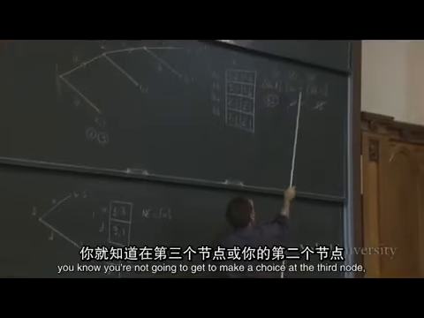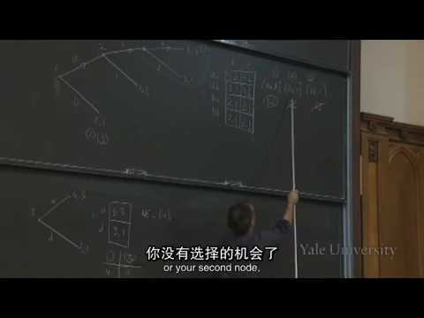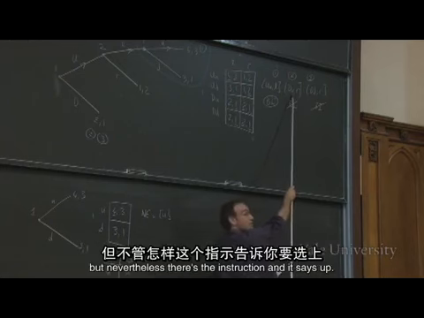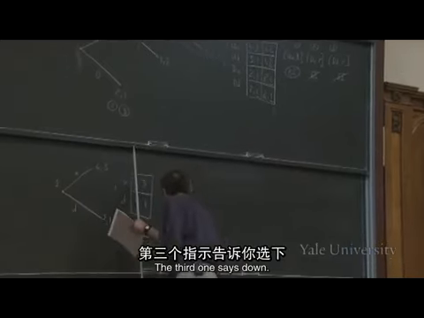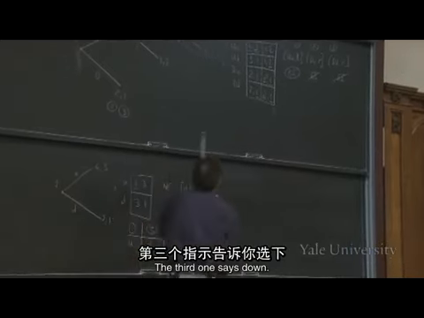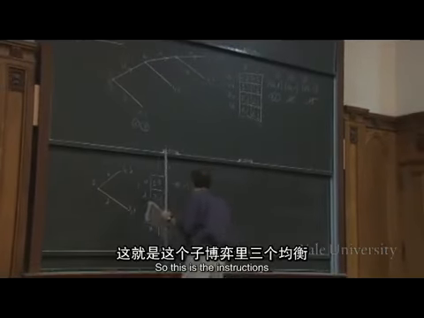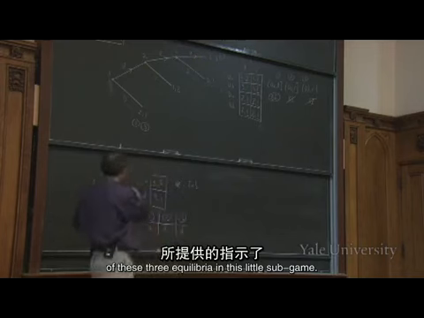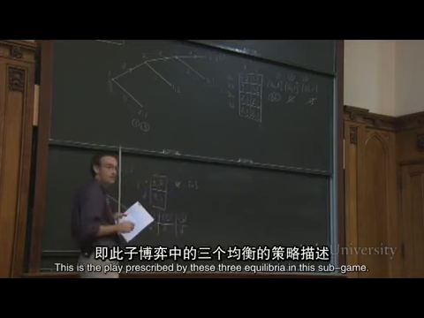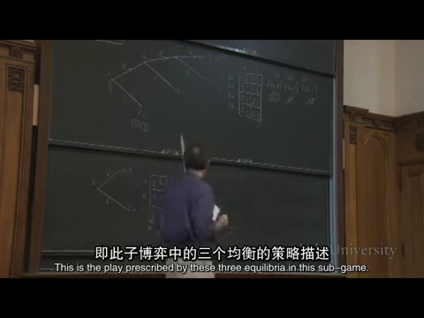Once you've chosen down, you know you're not going to get to make a choice at the third node or your second node, but nevertheless, there's the instruction and it says up. And the third one says down. So this is the instructions of these 3 equilibria in this little subgame. This is the play prescribed by these 3 equilibria in this subgame.